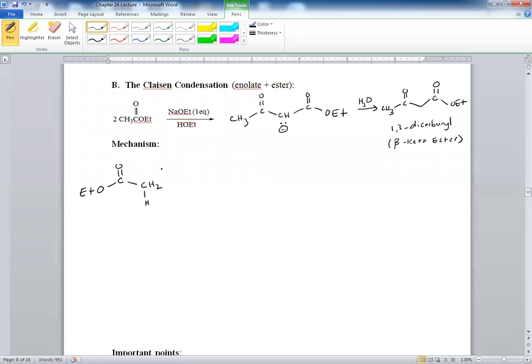So the first step, as you know, is to deprotonate and make an alpha anion, an enolate. So we're using this base.